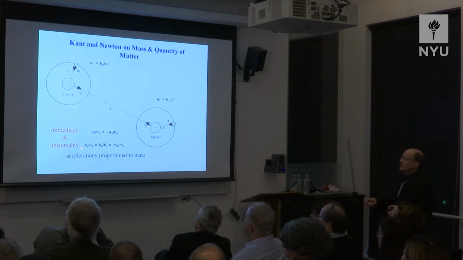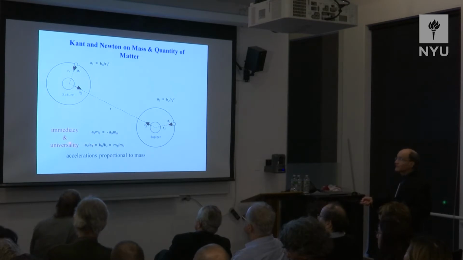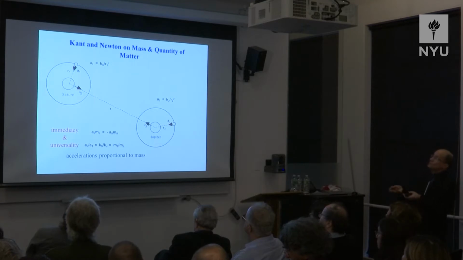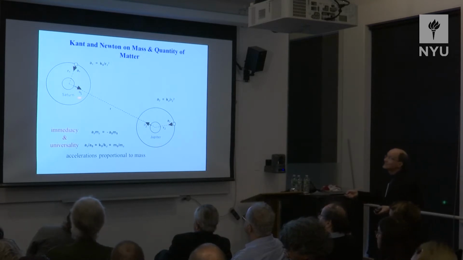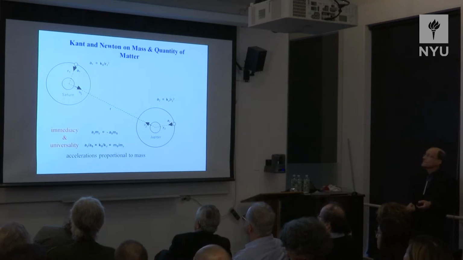Well, then you put those two things together, and you get that the ratio between the mass of Saturn and the mass of Jupiter, this is now inertial mass because it comes from the laws of motion and the F equals ma formula, the ratio of these two field strengths is exactly the inverse of the ratio of these two masses. So that means you're actually measuring the inertial masses of the planets by the accelerations on their satellites. Okay? I will say this again a few other different ways.